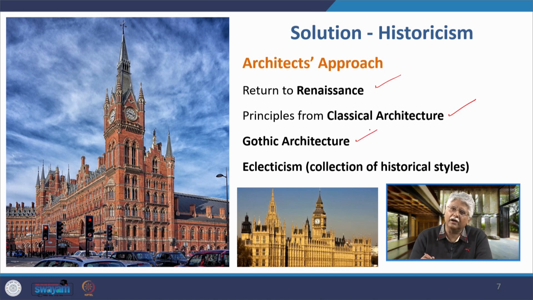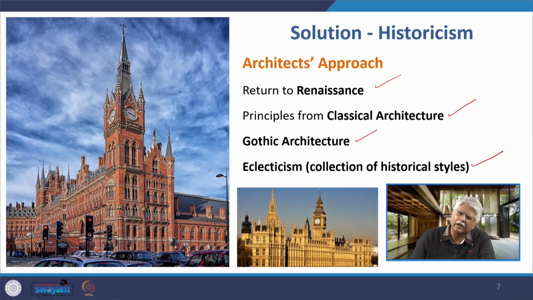Then Gothic architecture, because the Gothic structural system was very much compatible with iron that had come up at that time. So slender iron members corresponded to the slender structural members of Gothic architecture. And then ultimately eclecticism, a collection of historical styles. For example, we see that in the St.